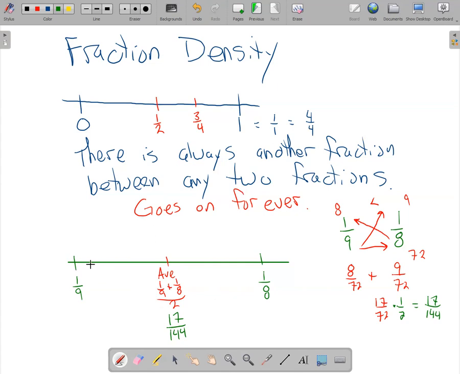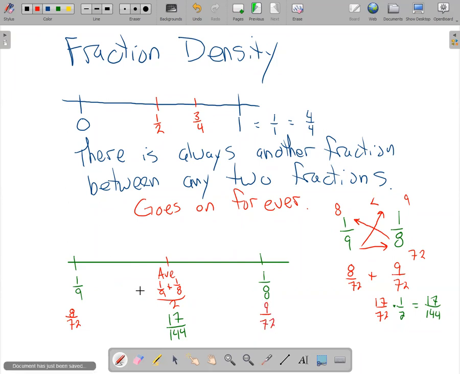Now I found one. What if somebody said they wanted like 9 or 10 of them in the middle? Well, then I would do something like this instead. I find a common denominator like 72. So this one right here is 8/72. This one over here is 9/72.